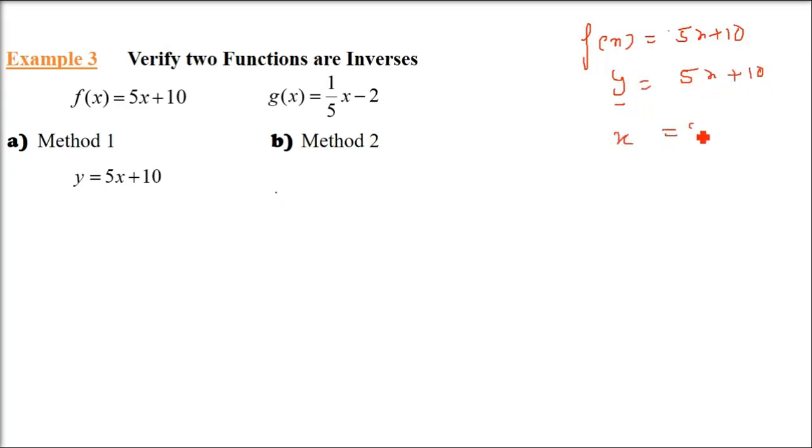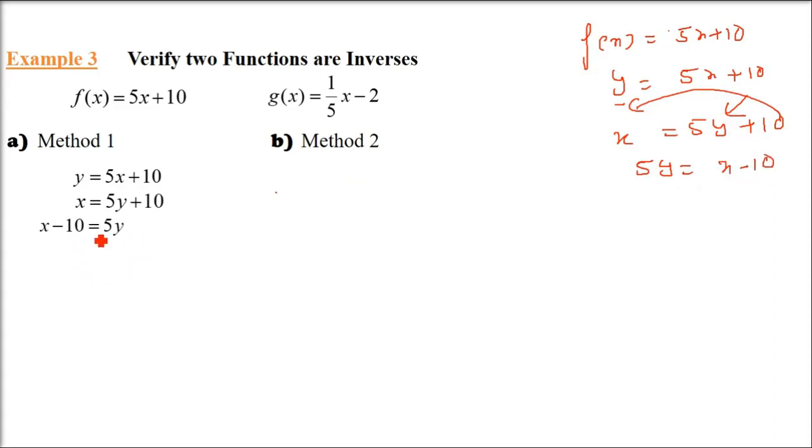I am placing x as y and y as x. So this is x equals 5y plus 10. Now solve for y. So 5y will be x minus 10. And y will be equal to x by 5 minus 10 by 5. So that will be 2. So I am just solving it for y because y will essentially be our inverse. And it should be g(x).